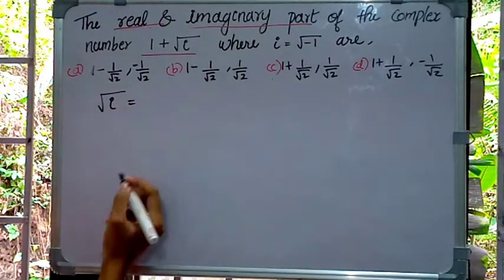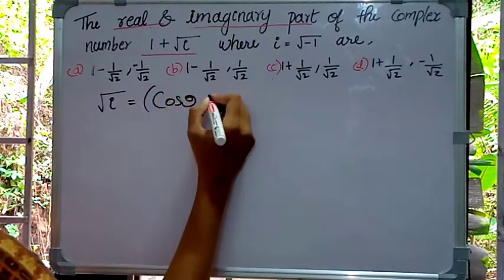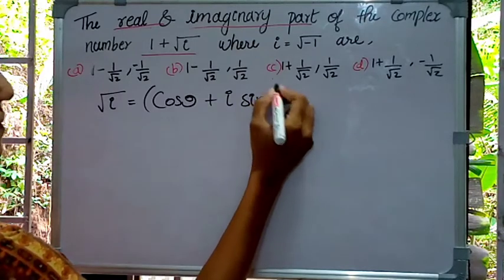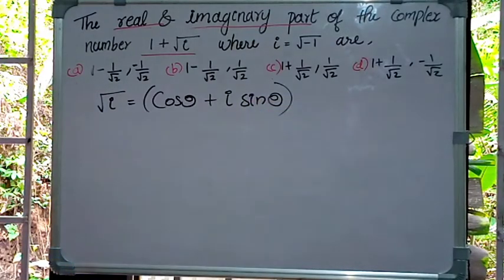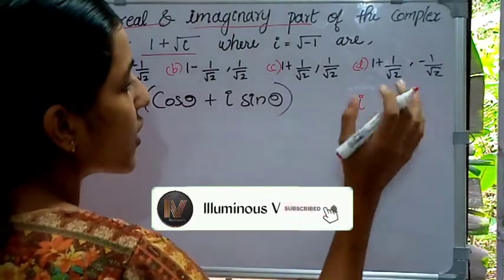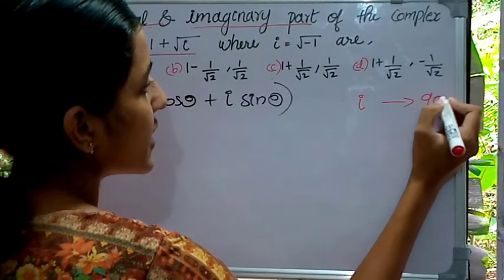Root i will be equal to cos theta plus i into sin theta. So we know that for i in a unit circle, the angle will be 90 degrees.